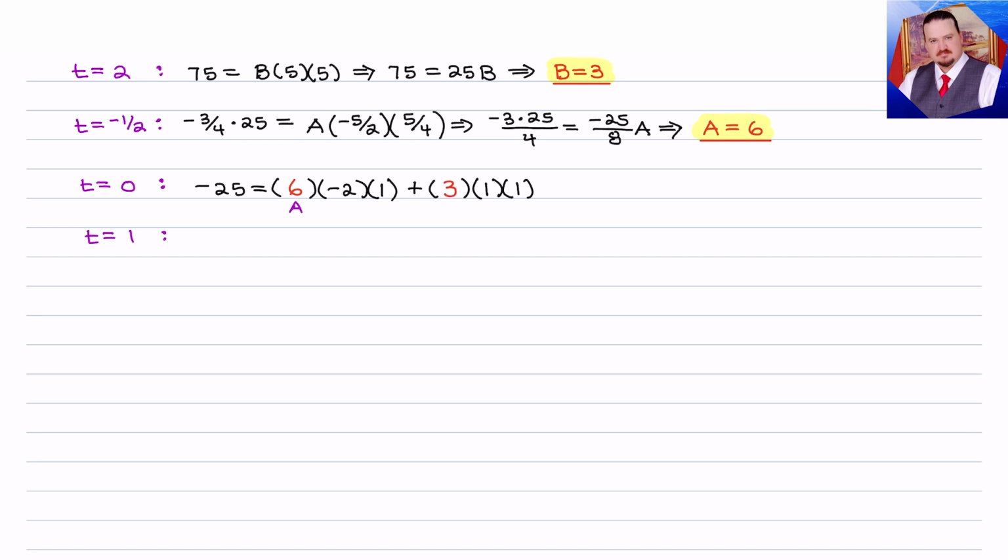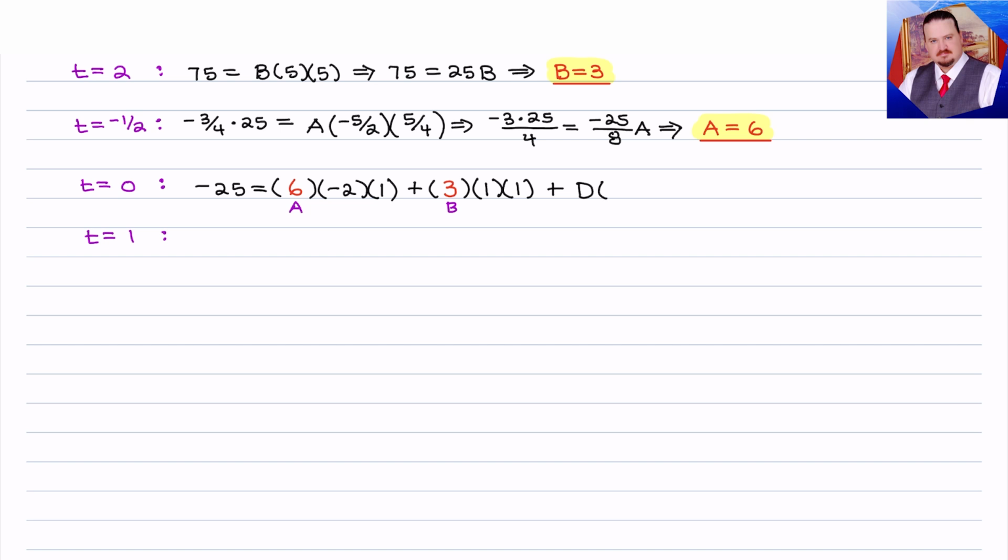Again, just reminding you that B is 3. Now, C and D we don't know, and that's what these two equations will give us. So let's keep going. Now here, C times 0 is just 0, so this goes away. And now I'll just have D. That's what I'm going to solve for.